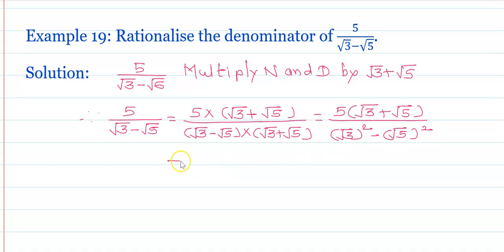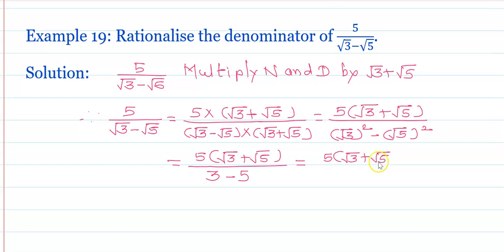Okay, therefore 5 in bracket root 3 plus root 5, and this root 3 square means what? 3 minus 5, and here 5 in bracket root 3 plus root 5. 3 minus 5 means what?